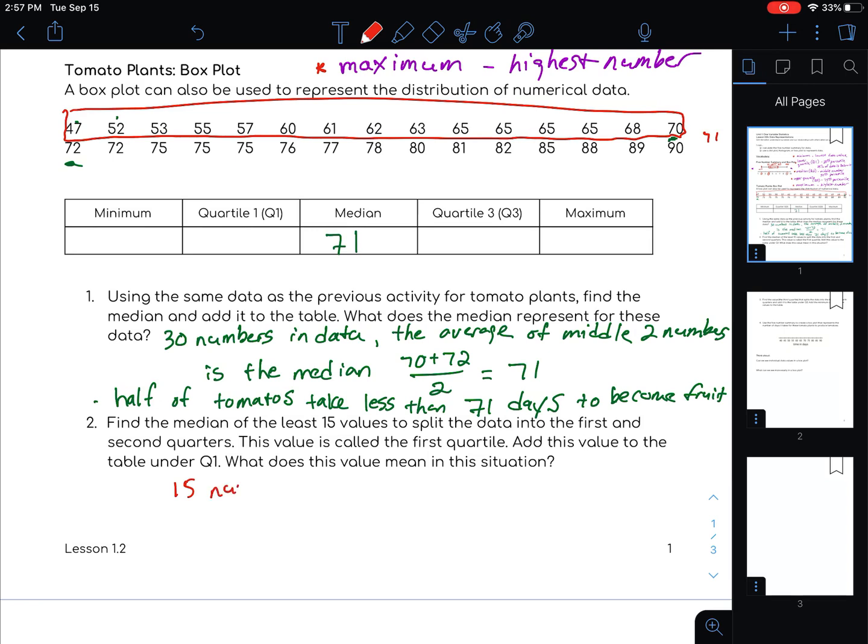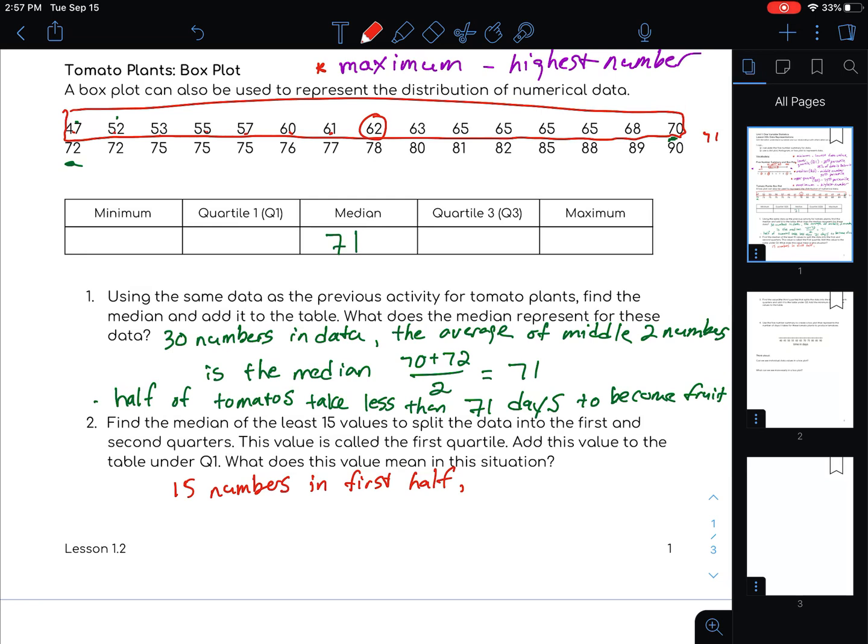There are 15 numbers in the first half of the data. If there's 15 numbers, that's an odd number of numbers, which means we're going to have an exact middle. The 8th number will be our exact middle: 1, 2, 3, 4, 5, 6, 7, 8.